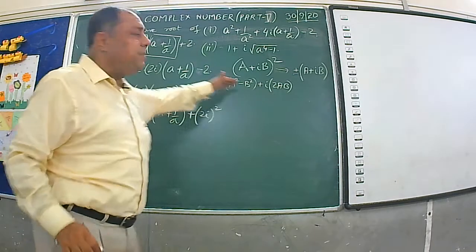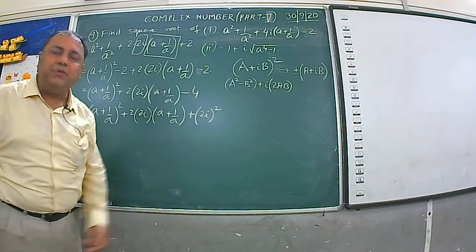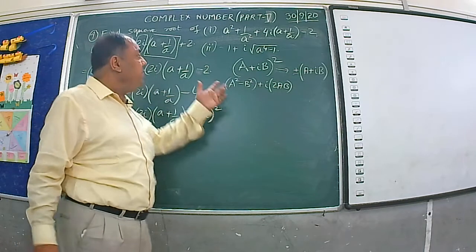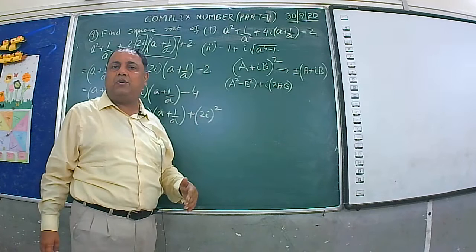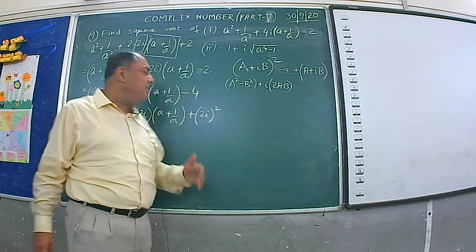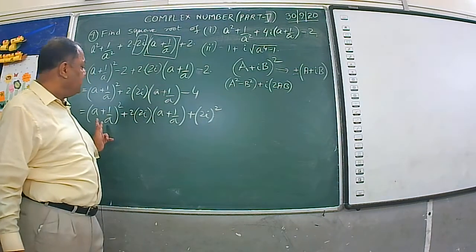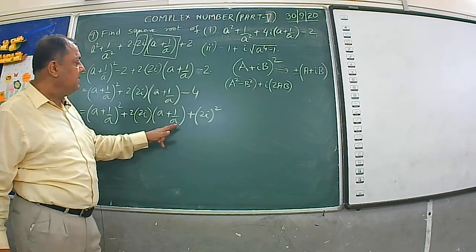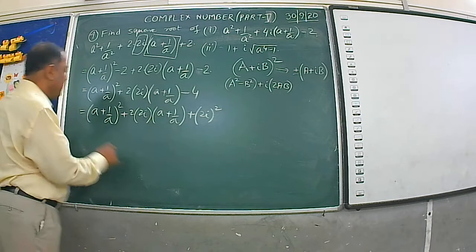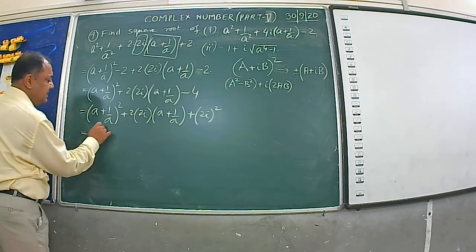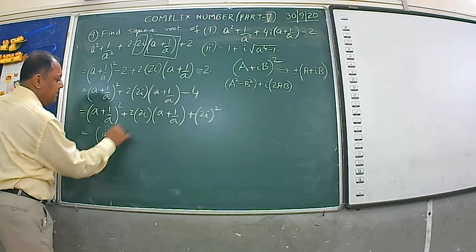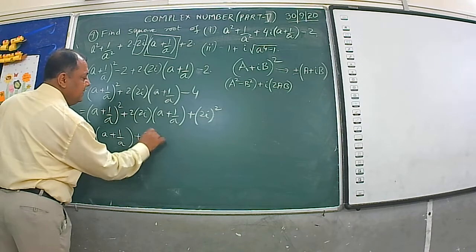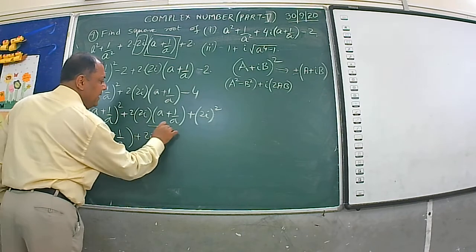When your concept is clear, when you know what you need to do, that you need to express in this particular form, you have now expressed A square, B square, and the rest into AB form, which may be further written as A plus 1 by A plus 2i whole square.